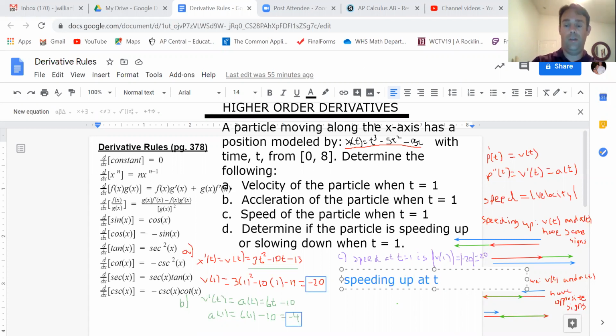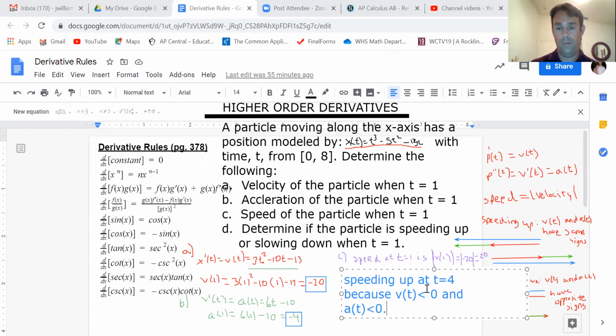Speeding up at t equals 1 because v of t is less than 0, and a of t is less than 0. Speeding up, not 8, 1.